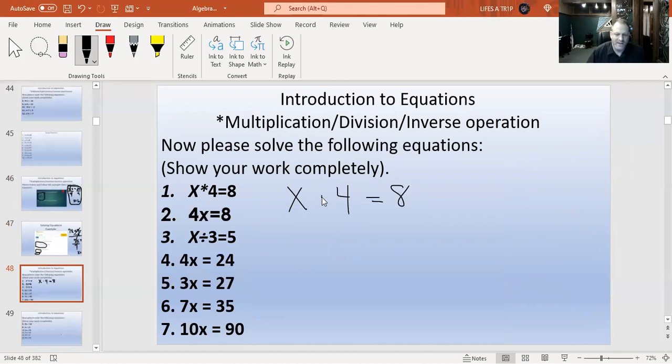Okay. So x times 4 equals 8. And we are going to do, that's a times 4. So we're going to do divide by 4. And then what you do to one side, you do to the other side. All right, then you do the cancellation method, and then x equals 2.